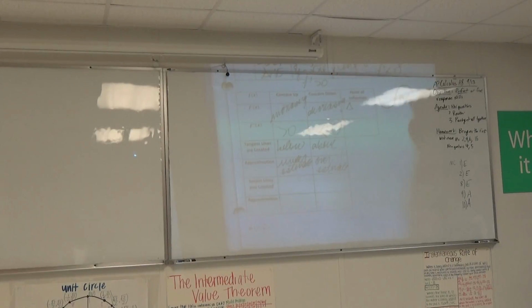Before you get to the point of inflection, you're concave up, f prime is increasing. After the point of inflection, you're concave down, f prime is decreasing. The change is from increasing to decreasing, or from decreasing to increasing. It's f double prime that is going to change from positive to negative, or from negative to positive.